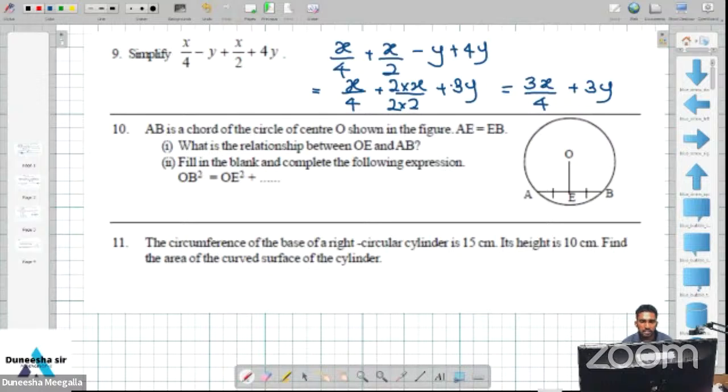10th, what is the relationship between the OE and AB? In geometric lessons, we discussed what is the relationship.